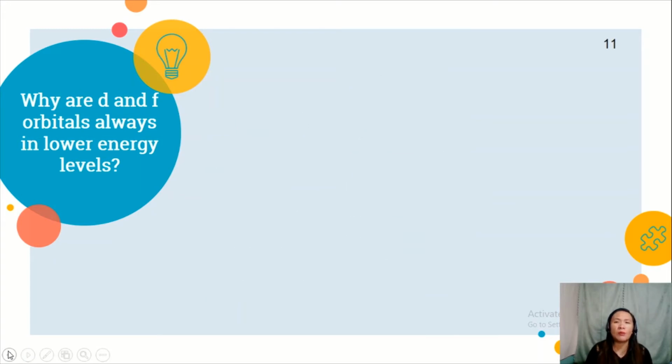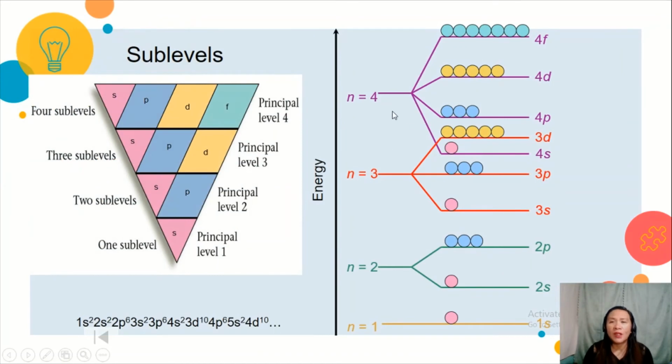So again, if we go back to our diagram a while ago, it's better for us to skip 3d because it has a higher energy than 4s. 4s actually has a higher level, but it has a lower energy than the 3d. Okay? And so it would be better for us to skip that and then proceed to the higher level with lower energy. This is the reason why we always go first to the s before the d, and of course we go to the p before the f.